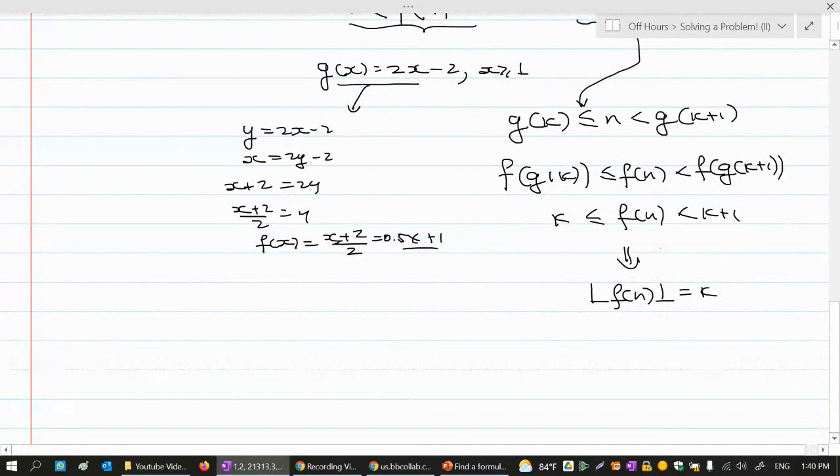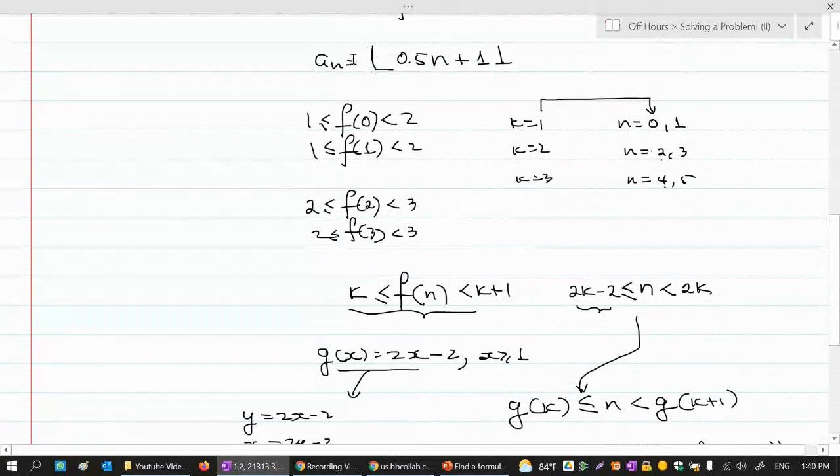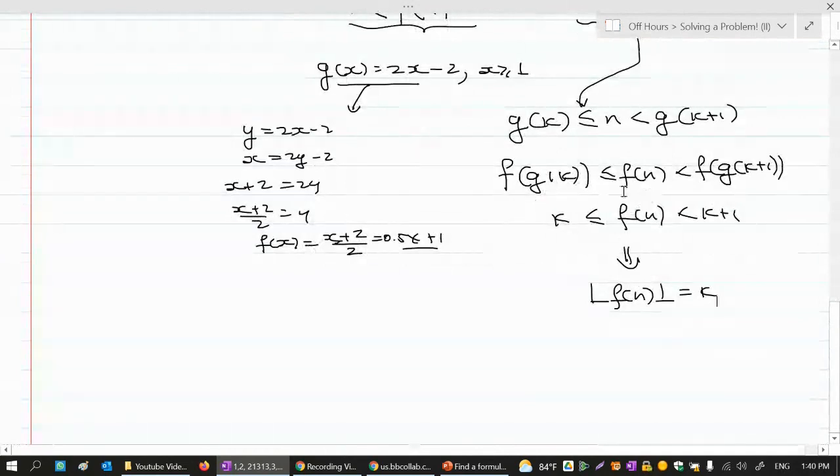So actually, we have checked this before, because f of n is the function that we considered before, the same linear function that we considered up here. So a sub n equals the floor of 0.5n plus 1 is a possible formula for that problem, and this is the solution of our problem.